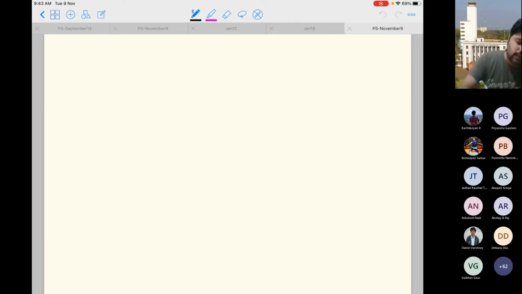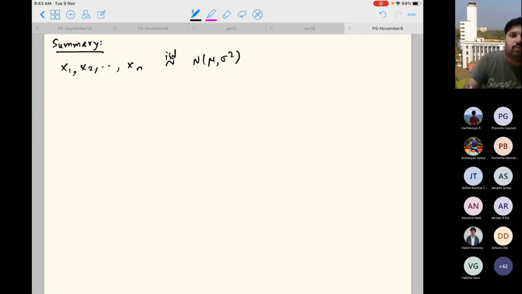The second thing I want to summarize is the following. You have x1, x2 up to xn, a random sample from normal mu sigma square. Then what do we know?